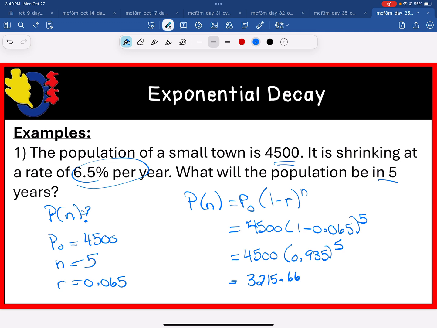So again, because that last person hasn't quite been born yet, or hasn't been quite developed yet, therefore, in 5 years, the population will be 3,215.